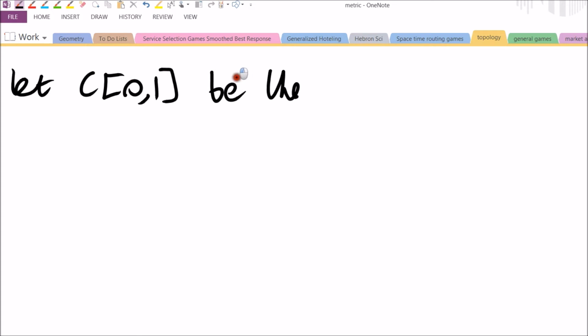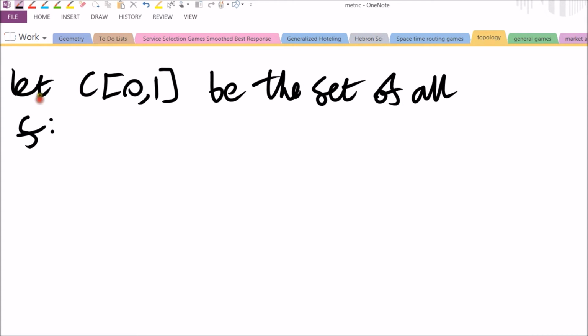So let's let C[0, 1] be the set of all mappings f which are mappings from the unit interval to the unit interval.